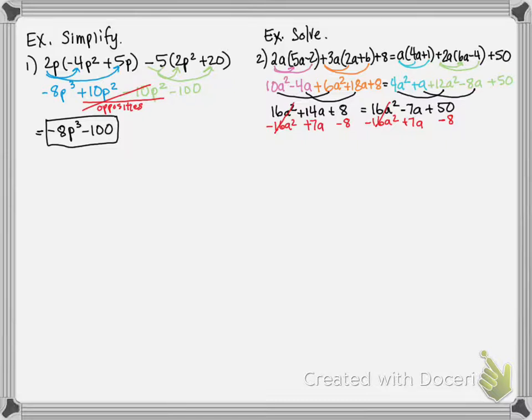So 14a plus 7a is 21a, and then 50 take away 8 is going to give me 42. Divide both sides by 21, and we get a equals 2.